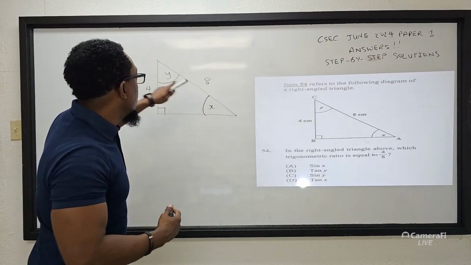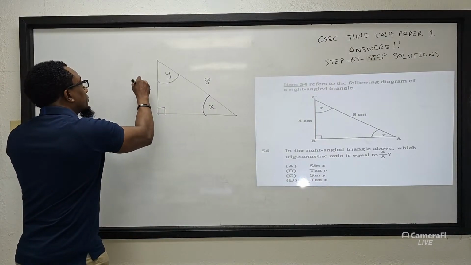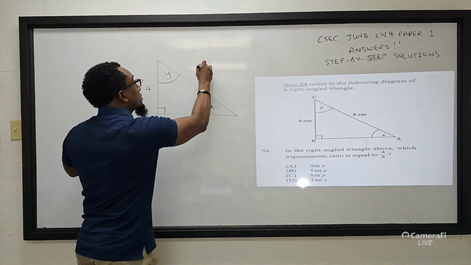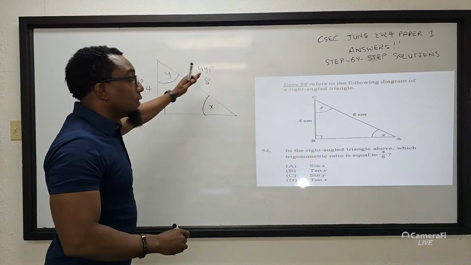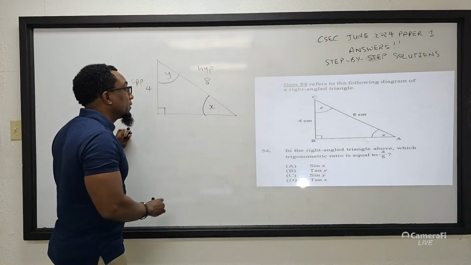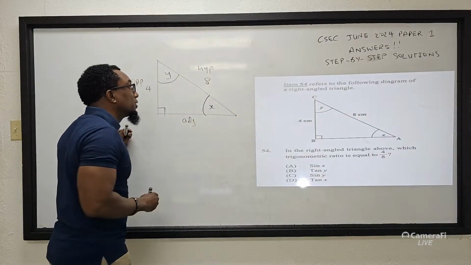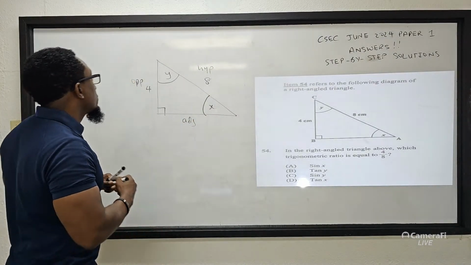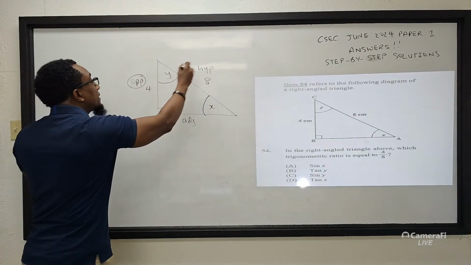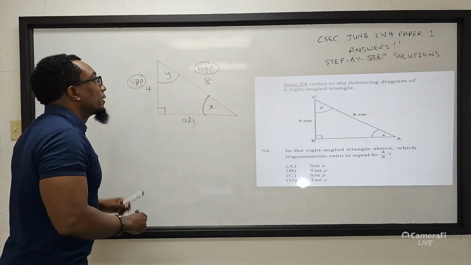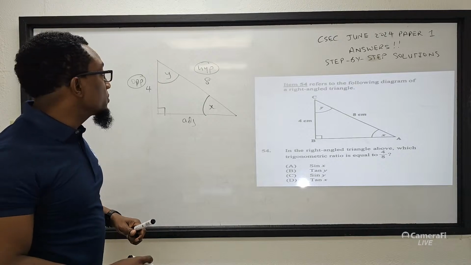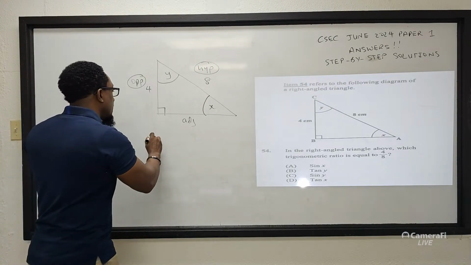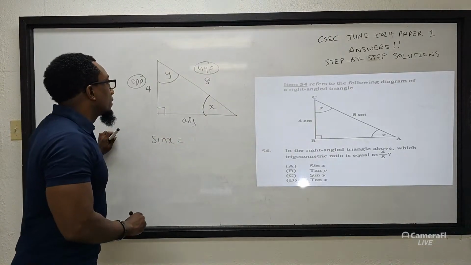In relation to this angle x, we're going to place here opposite to my angle x. This is 90, so this is my hypotenuse. Always opposite to the right angle, that's the hypotenuse. And the remaining side is the adjacent side. So in order for me to get 4 over 8, let me circle the two sides I have information for, which are opposite and hypotenuse. And what links opposite and hypotenuse? That is sine of the angle x.